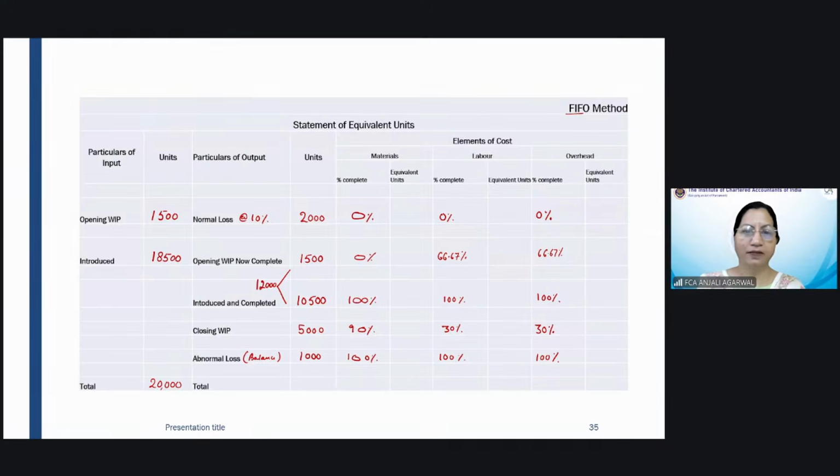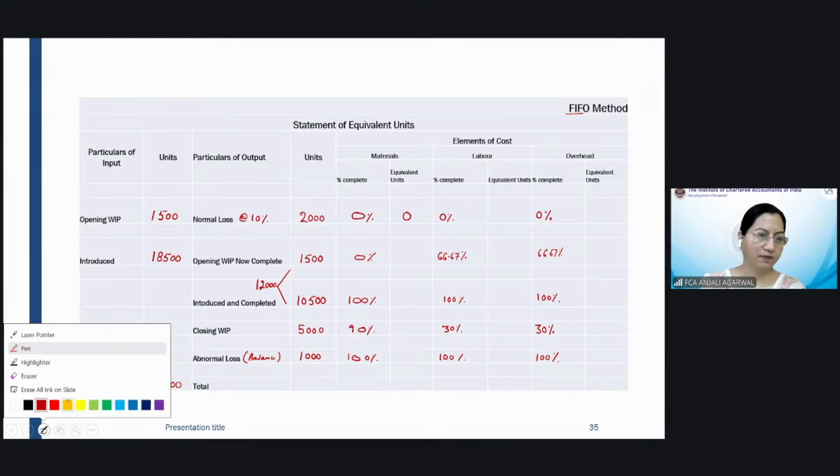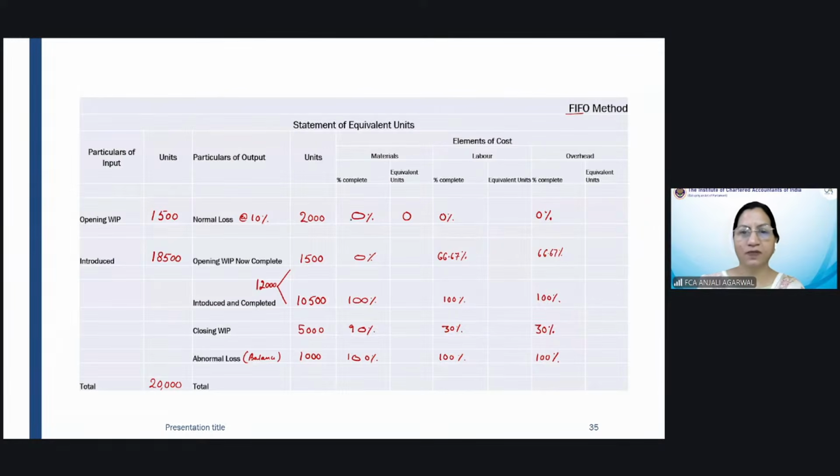Simply multiply 2000 units into 0%, 0. 2000 into 0%, 0. 1500 into 0%, 0. 1500 into 66.67% or 2/3, 1000, 1000. This is 100% complete.